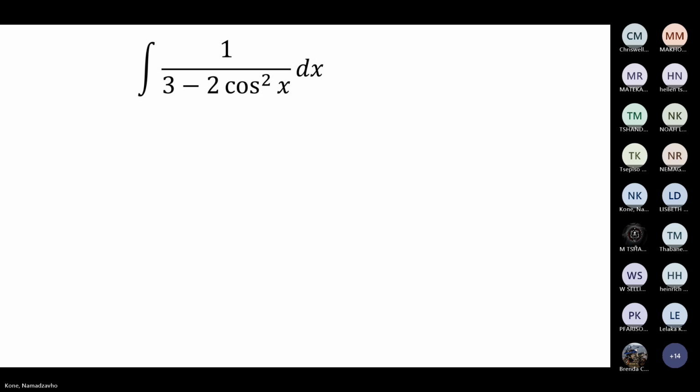Answer? Yes, sir. 1 over the square root of 3 arctan into bracket square root of 3 tan x plus c. All right. Arctan, right? Yes. All right. Any seconder? Any objections?